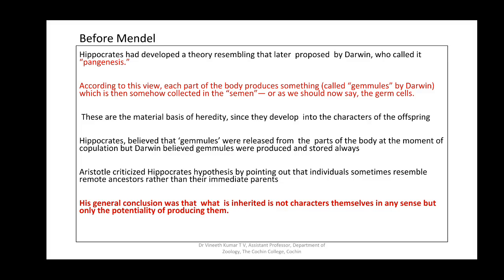If inheritance of characters happens as suggested by Hippocrates, the offspring should resemble their immediate parents, not their remote ancestors. But at times you can see individuals who resemble their remote ancestors, and in such cases what Hippocrates proposed cannot be taken into account.